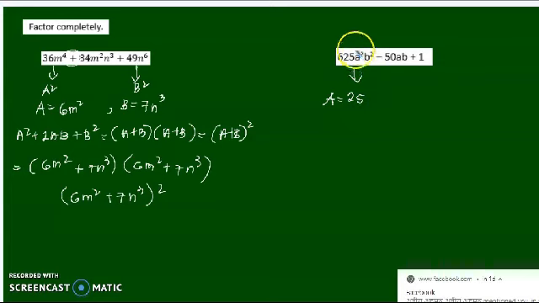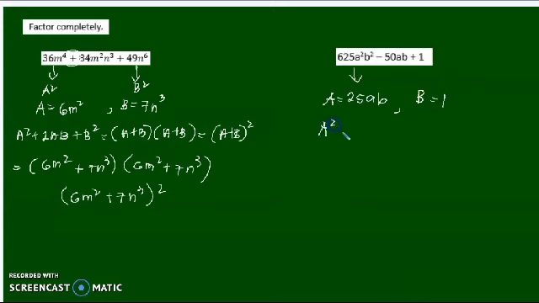The square root of a squared is a, the square root of b squared is b, and the value of b is the square root of 1, which is 1. Recall that a squared minus 2ab plus b squared is equal to a minus b times a minus b, or that is the square of the difference of a and b.